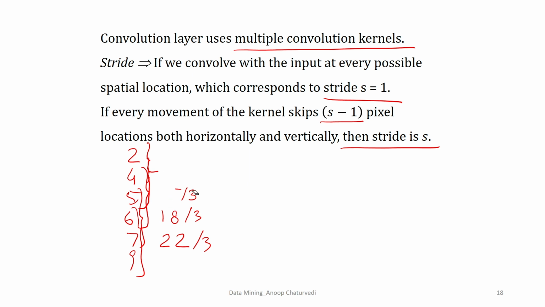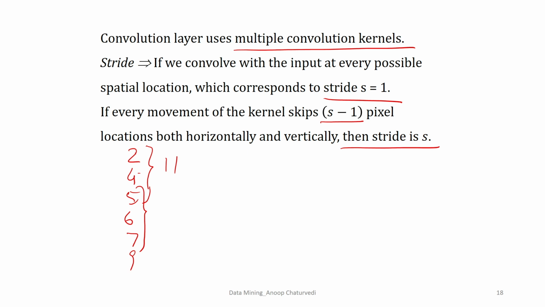Now, suppose you take the average or sum of 2, 4 and 5, you get 11, and then you leave just this one digit and you start from here and take the sum.